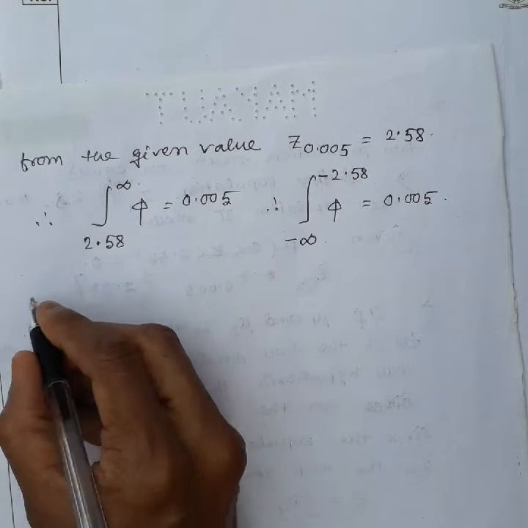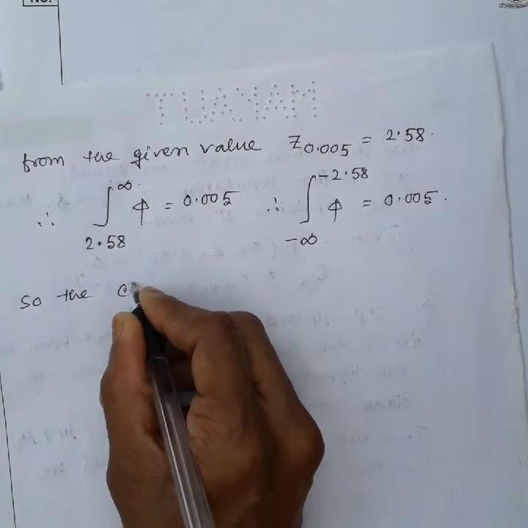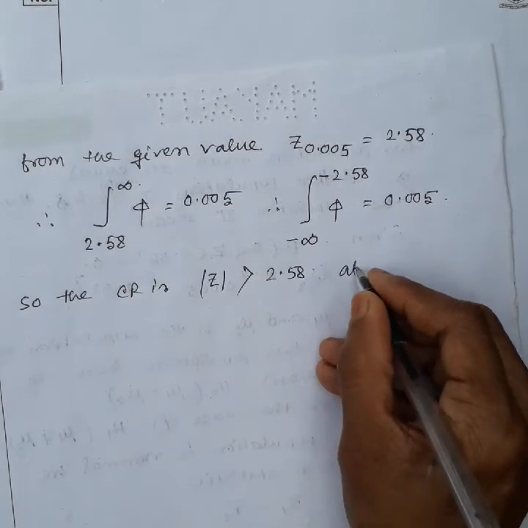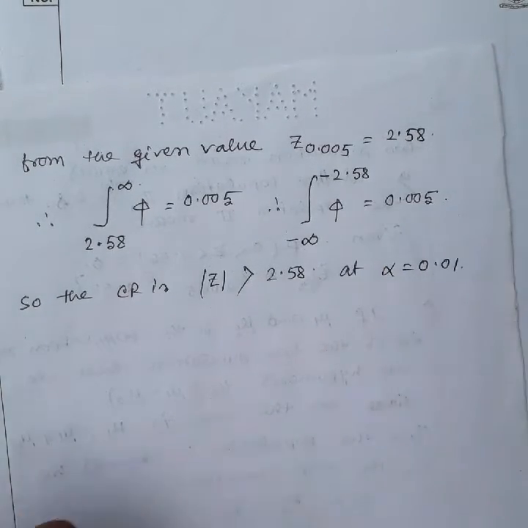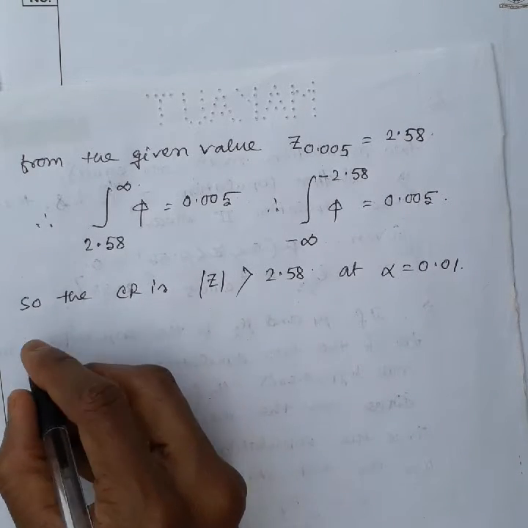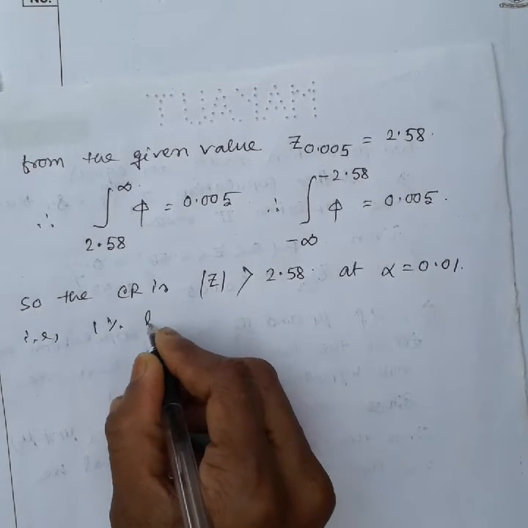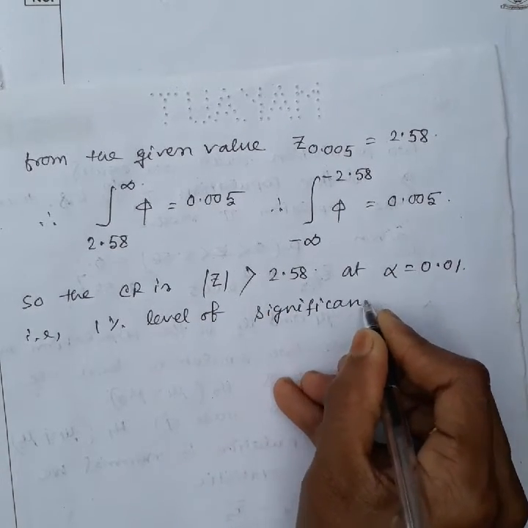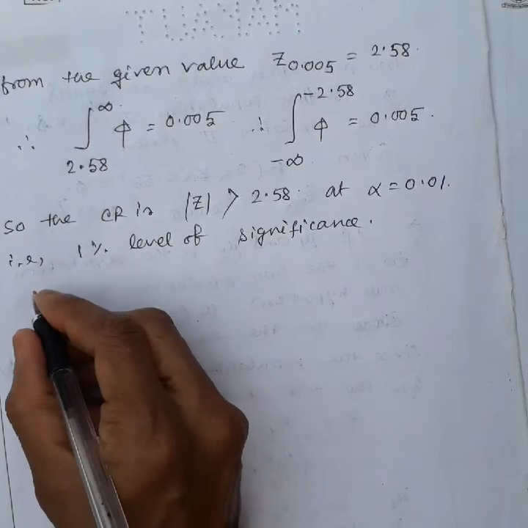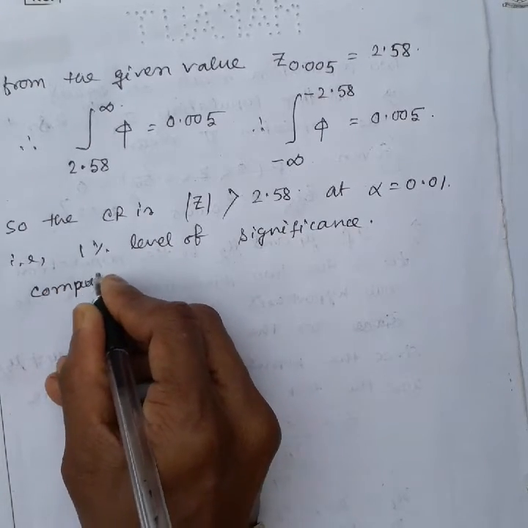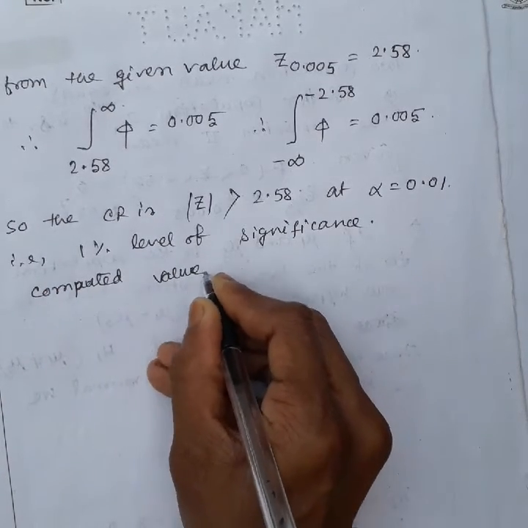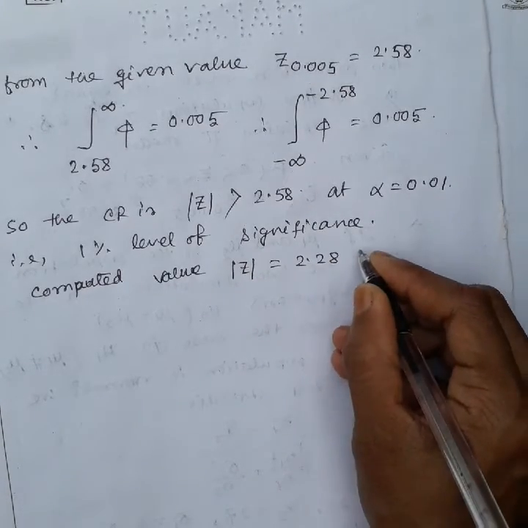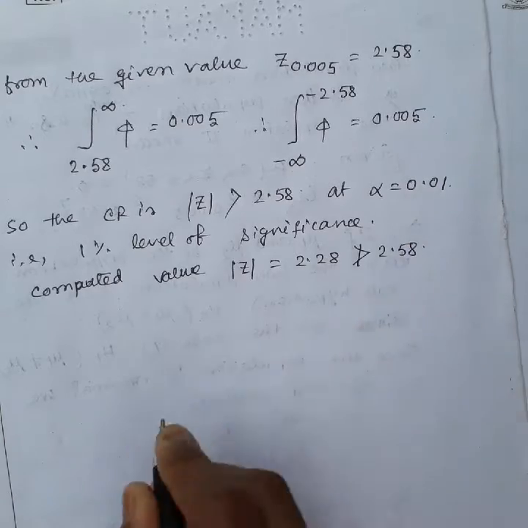So the CR is mod z greater than 2.58 at alpha equal to 0.01. Okay, that means 1% level of significance. Okay, and our computed value mod z is equal to 2.28, which is not greater than 2.58.